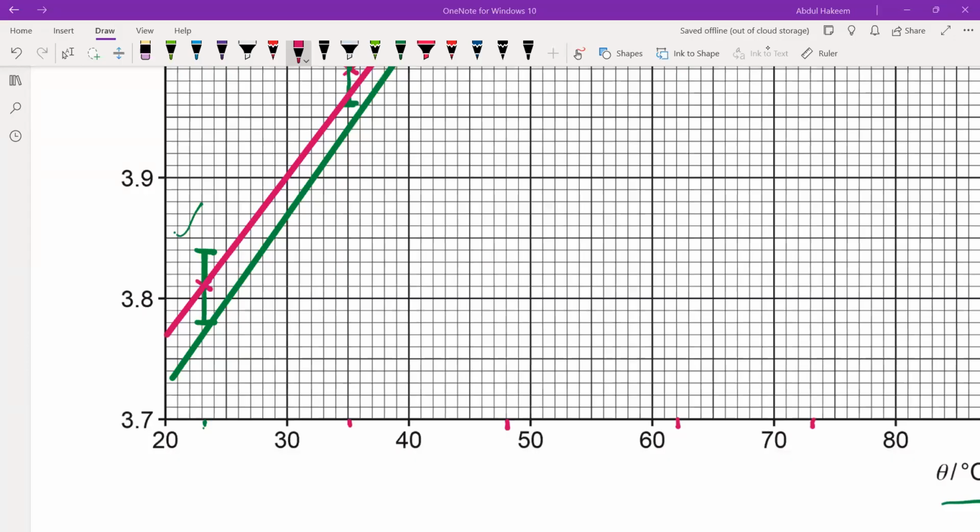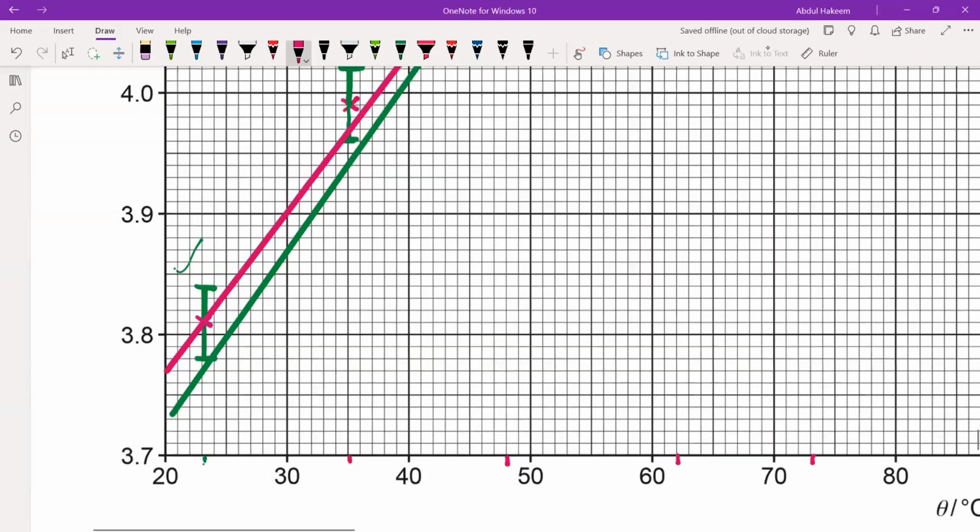Okay, after drawing this best fit line and worst fit line, you have to select 2 points for the best fit and 2 points for the worst fit. So for example, we take the best fit first. So 2 points, any 2 points. For example, we take this point, this one.